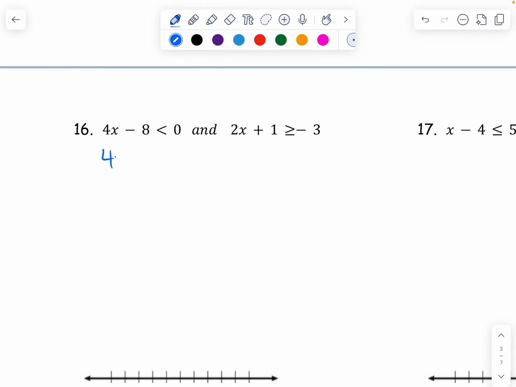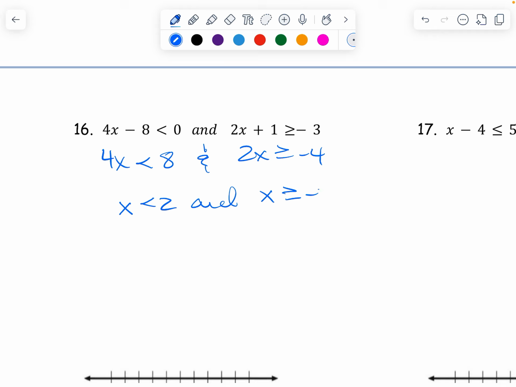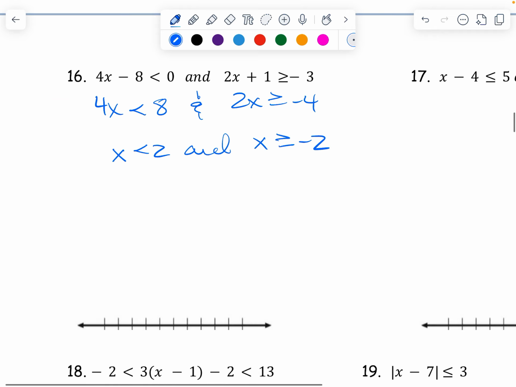This one I get 4x is less than 8. So x is less than 2, and I get 2x is greater than or equal to negative 4. So x is greater than or equal to negative 2. So it wants and. So the lowest number is negative 2. The highest number is 2.